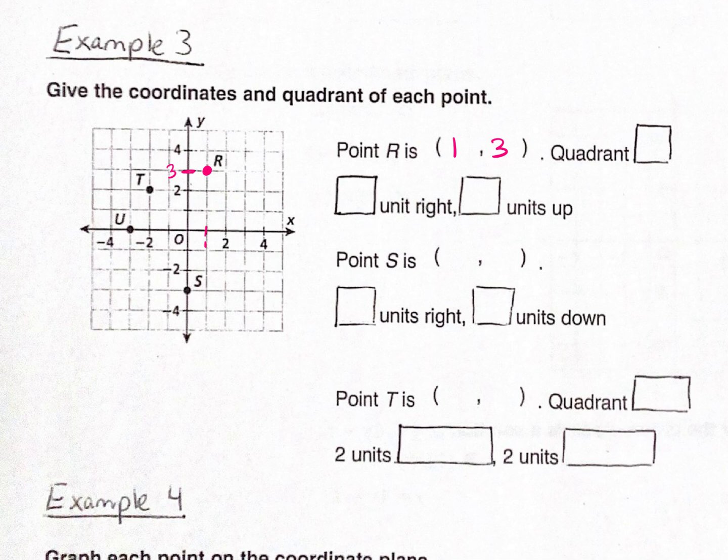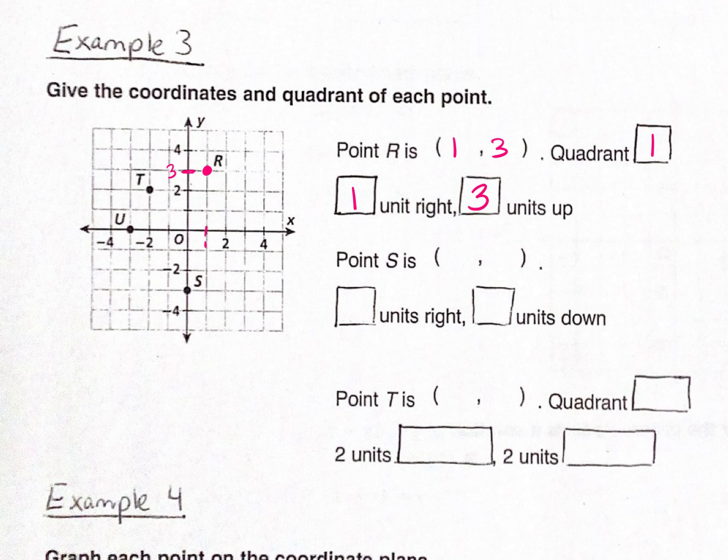It's found in quadrant 1, which, by the way, I can find by making a big C. I have quadrant 1, quadrant 2, quadrant 3, and quadrant 4. This is found by going from the origin 1 unit right and 3 units up.